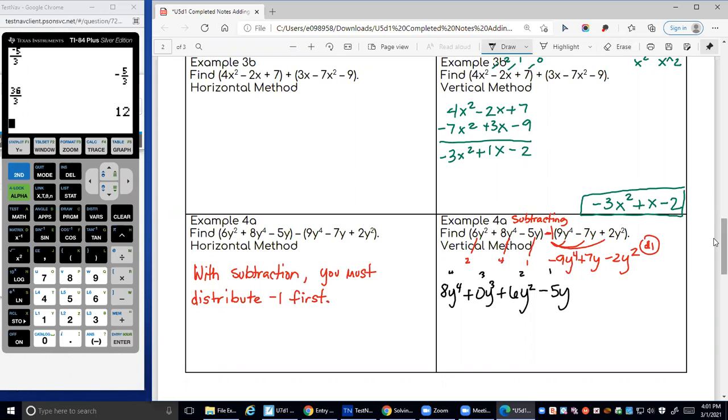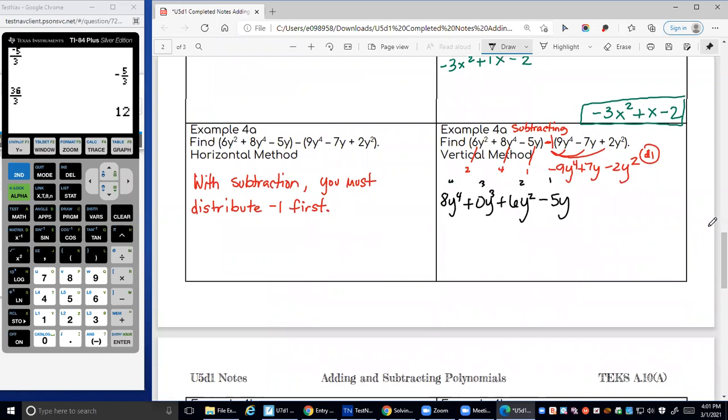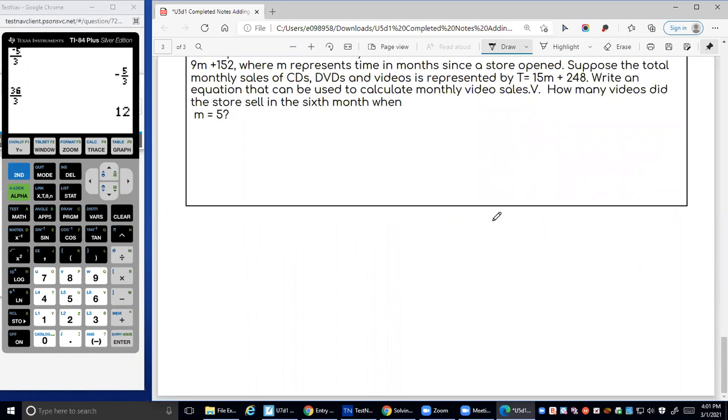So for example, I'll do a really easy problem. Let me scoot down here. What if I had something like this? I have 2x to the third plus x squared plus 5. And I want to add x squared plus 5x.